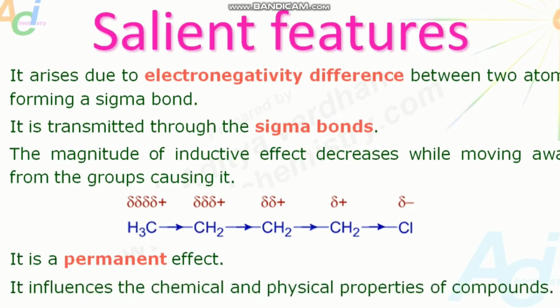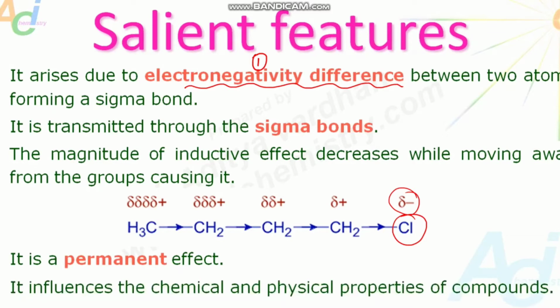Now let's see the salient features of the inductive effect and the cause of it. It's due to the electronegativity difference between the two atoms. That is one point. Here we have carbons 1, 2, 3, 4. This is chlorobutane. We know that the chlorine atom is more electronegative, so it pulls the electrons of this bond towards itself, and thus a small negative charge is created on the chlorine atom.